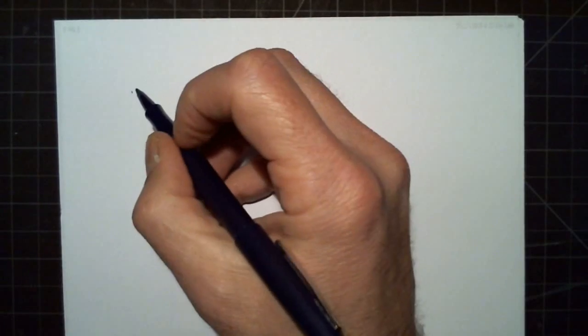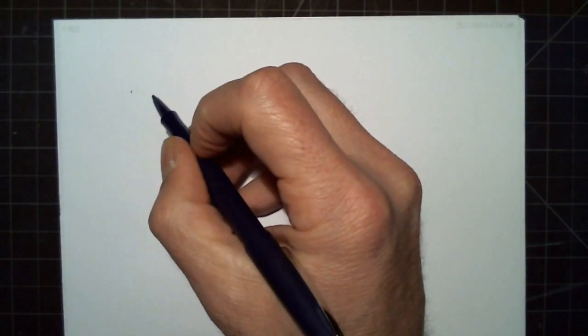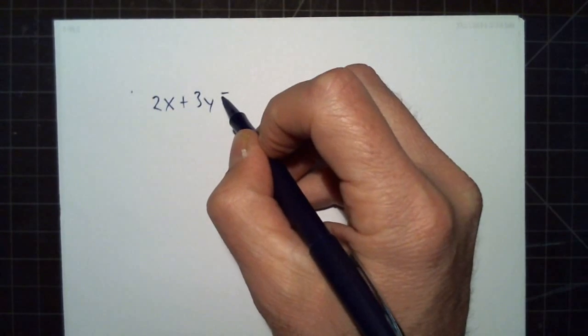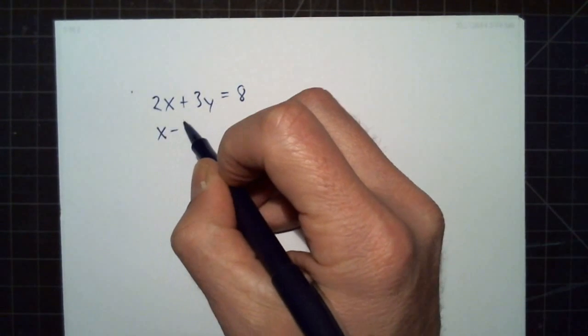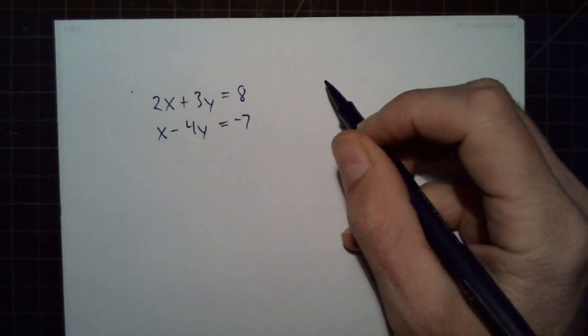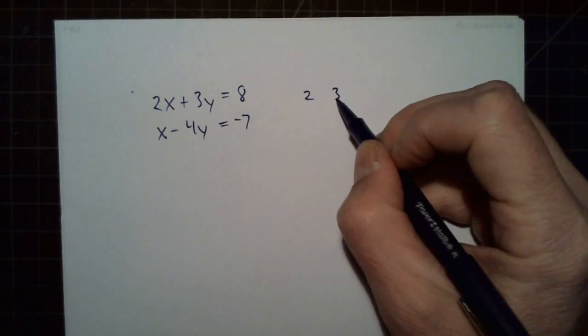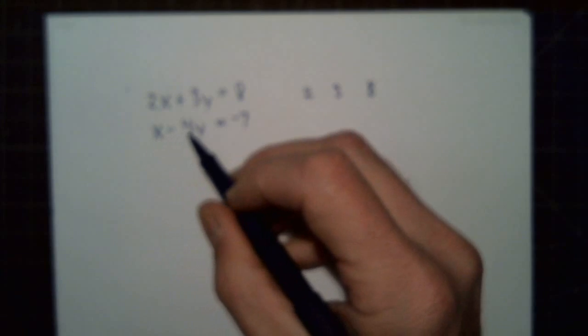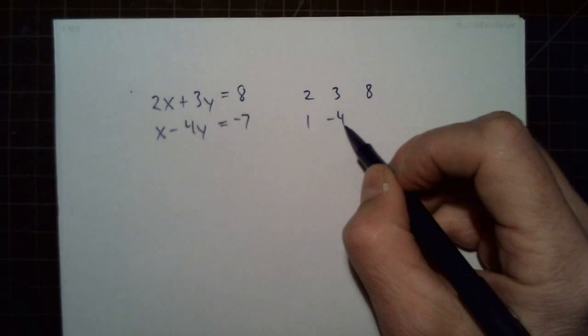Okay, and before we get started, one more way of using notation. Instead of writing everything out, we would write it as just the coefficients, just the numbers and no variables. 2, 3, 8, 1, -4, -7.